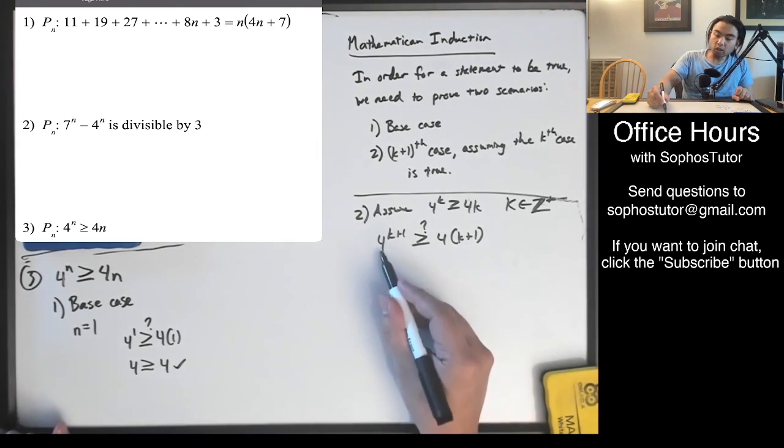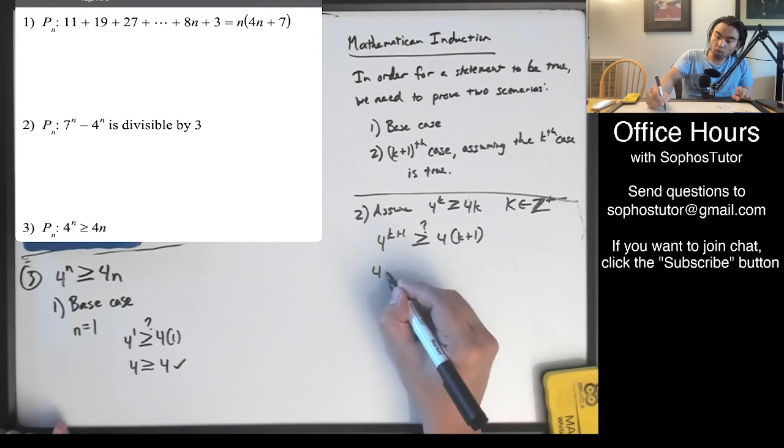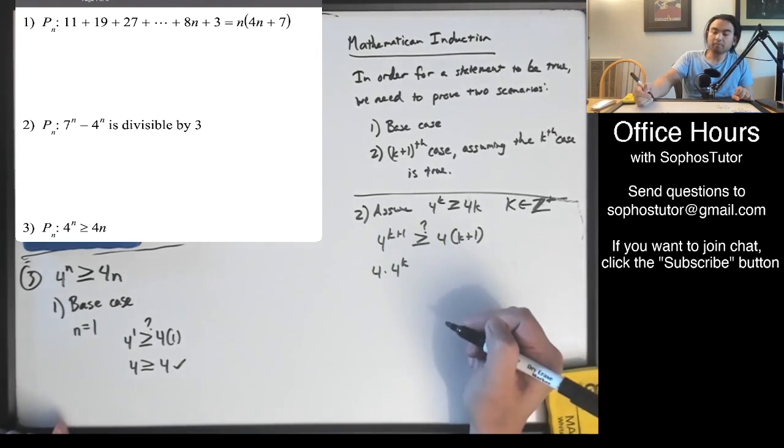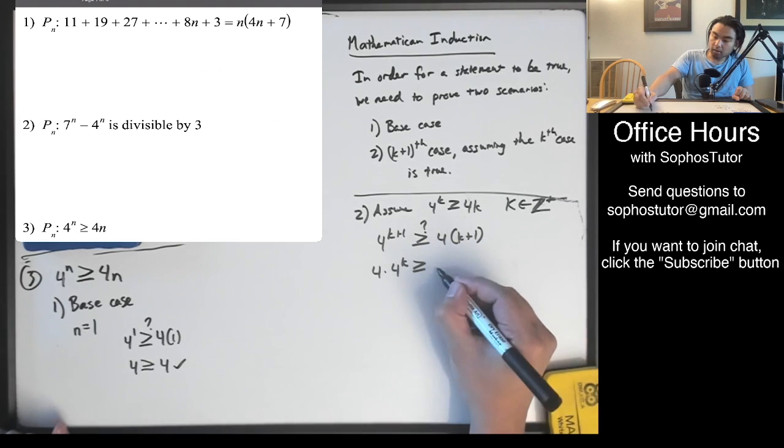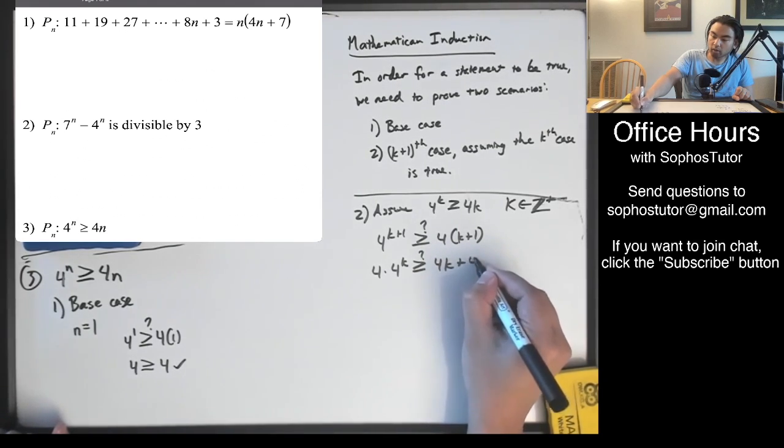Well, I know that 4 to the k plus 1 is equal to 4 times 4 to the k. I also know that this is equal to 4 times k plus 4.